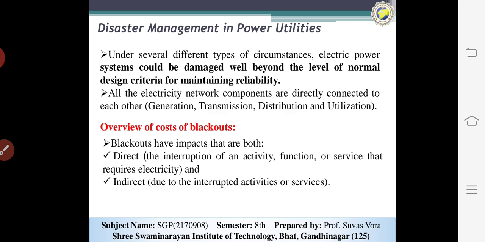It means property losses resulting from arson, overtime payment for police and fire personnel, and potential increases in rates. These two things are basically considered in a blackout.